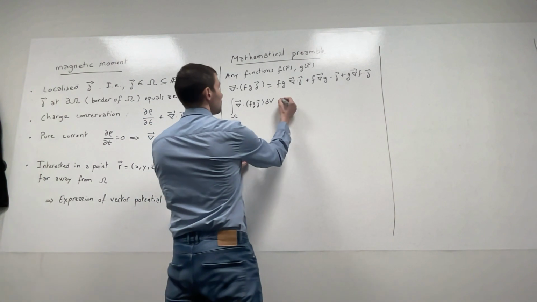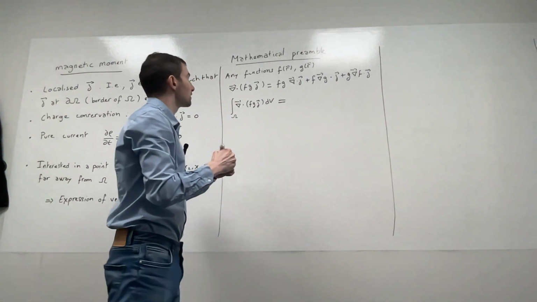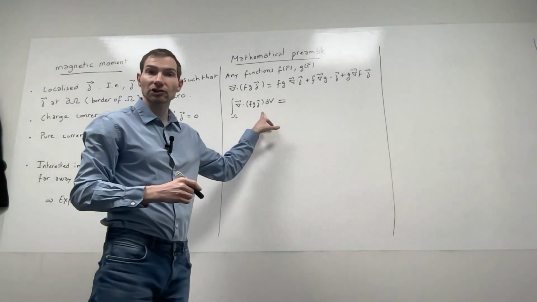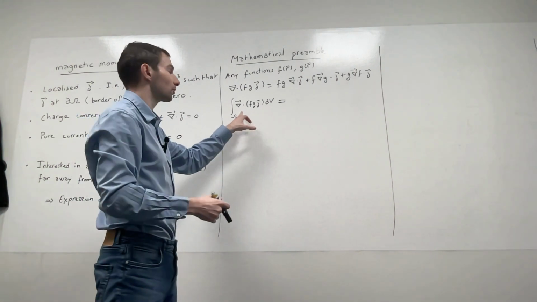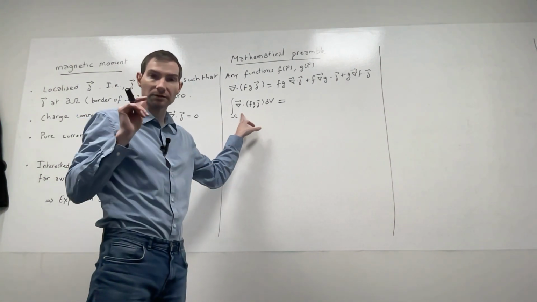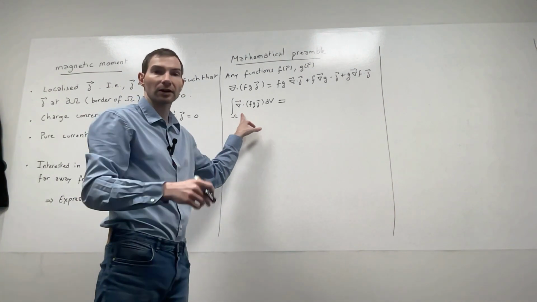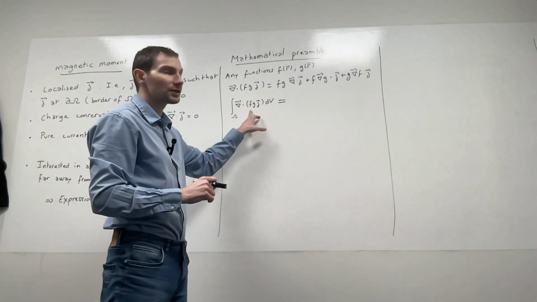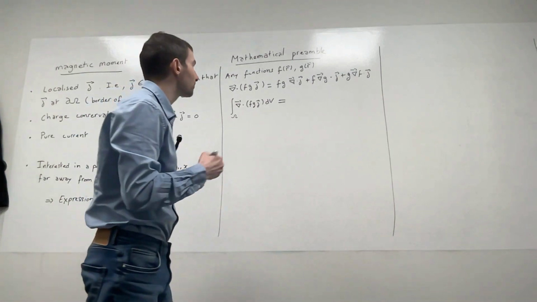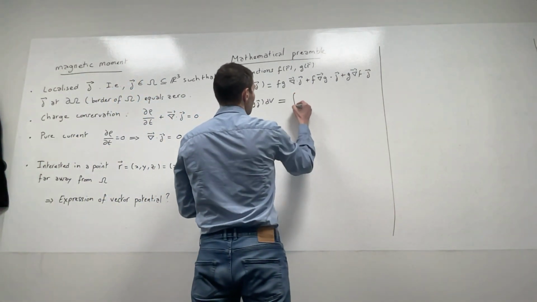Then I can proceed, provided f, g, and j and their divergence are all defined within omega everywhere. Okay, so that's a very important point. Maybe later I will come into more details about this, but provided all of these terms are defined in omega, then I can use the divergence theorem.